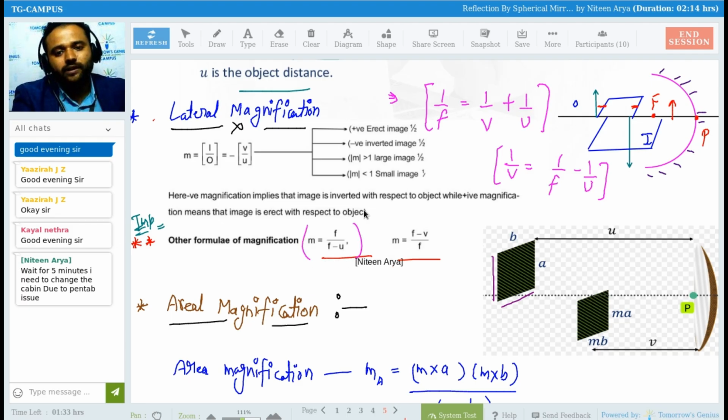And if we know only the focal length and image distance, we can use this formula. And that is very, very important.